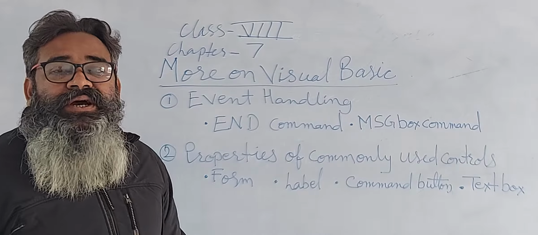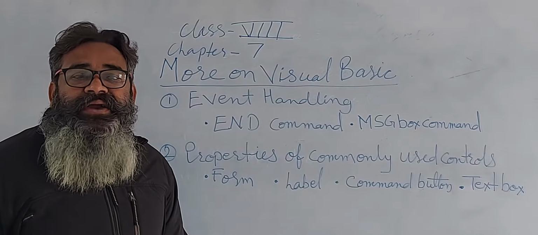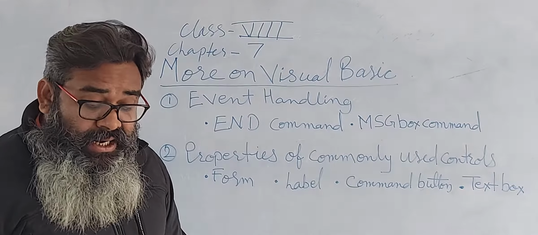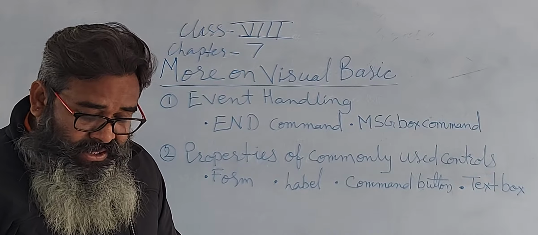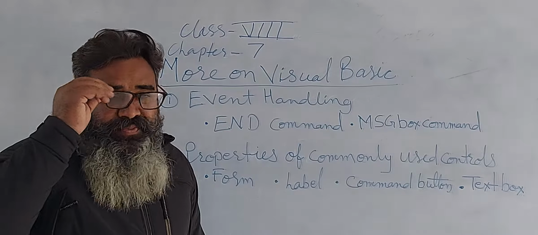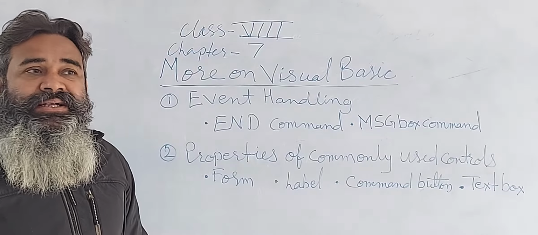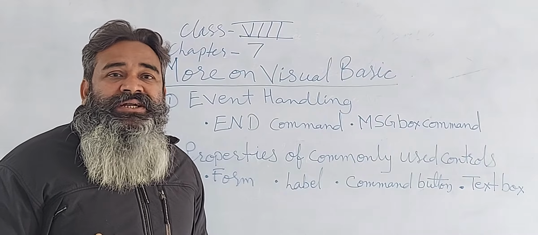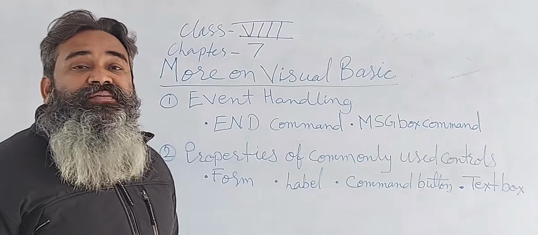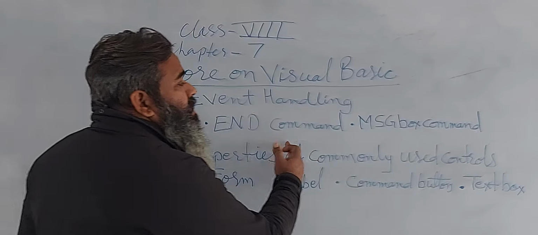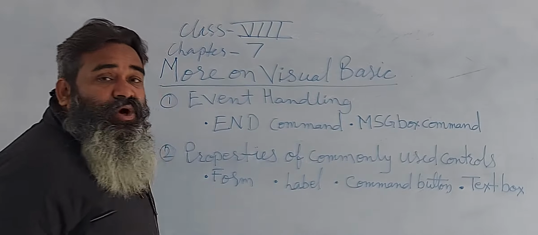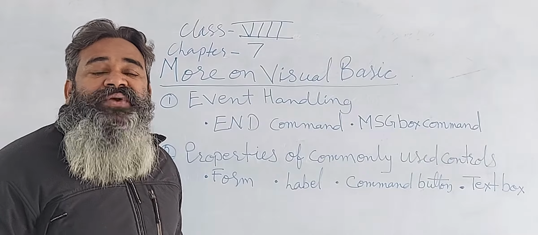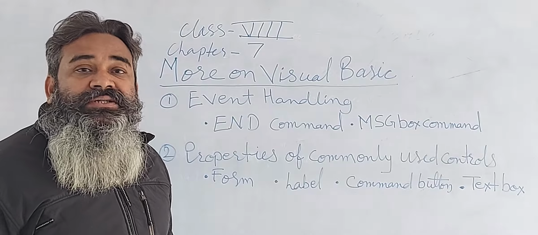Then the text box. The text box is the area where we can enter our simple text, according to our project. There are four controls we have already covered: the command button, message box, label and text box, along with the form, a place where we can create our project.